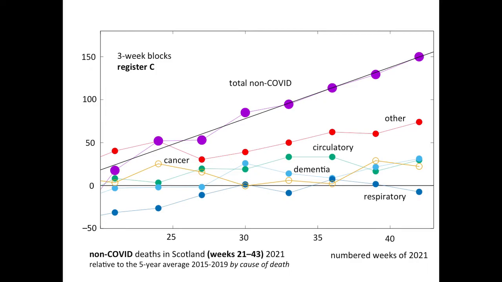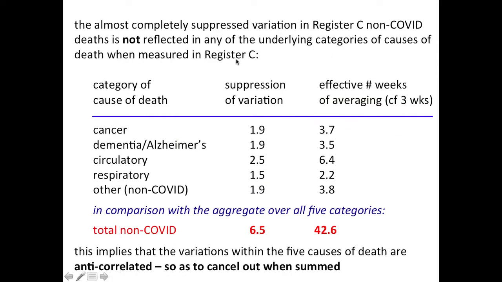Let's just put some numbers on that. So just to summarize what I've just said, the almost completely suppressed variation in this register of the non-COVID deaths is not reflected in any of the underlying categories of causes of death. Here we have those 5 categories.